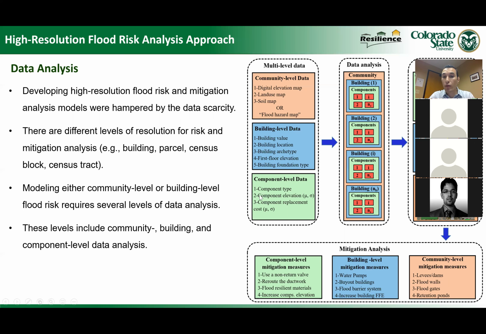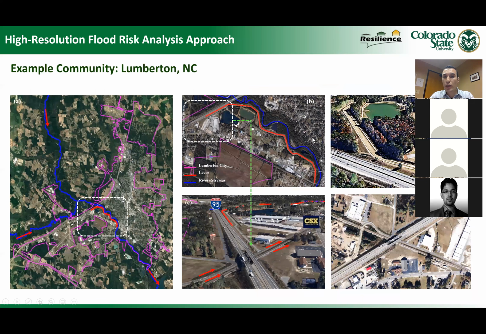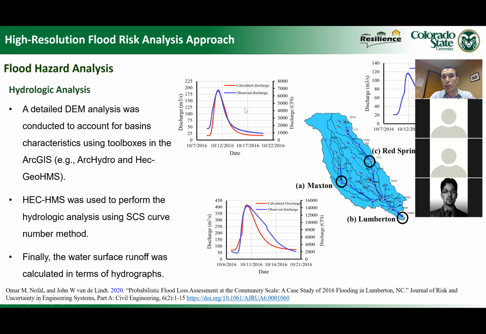So we used Revit to build each archetype and then extract the components from Revit. And most of the community level analyses was done in ArcGIS. Moving to the hydrologic model, it was done in HEC-HMS, which is one of the hydrologic tools provided by the Army Corps of Engineers in the U.S.